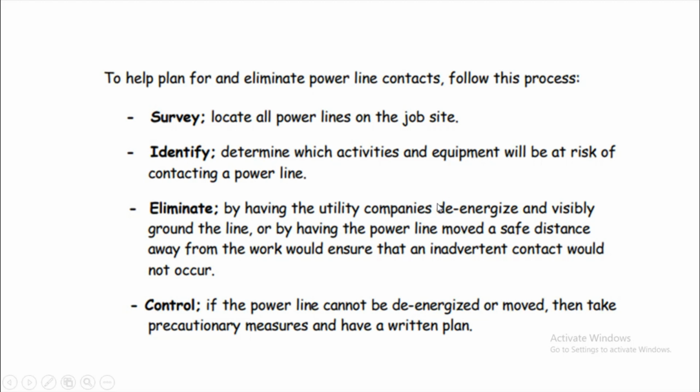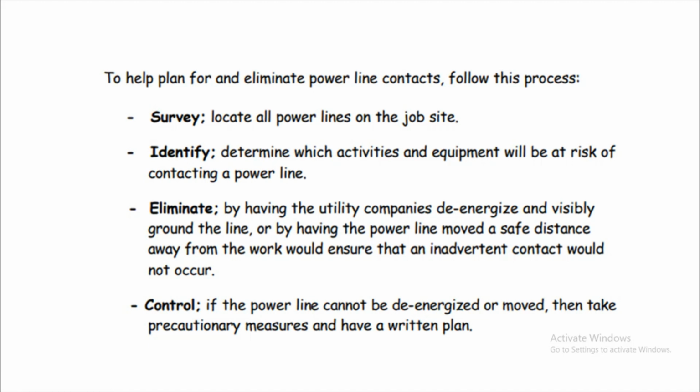Controls. If the power line cannot be de-energized or moved, then take precautionary measures and have written plans. The most important thing is the written plan, because if you have a written plan on how to avoid or deal with the power lines, the precautionary measures will always be consistent across any shifts of your job.